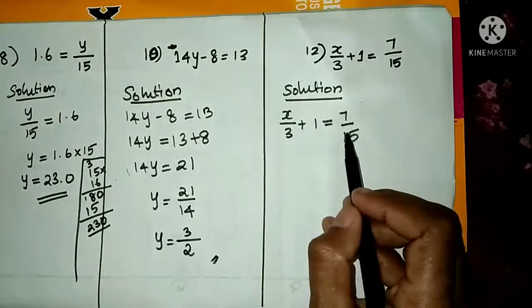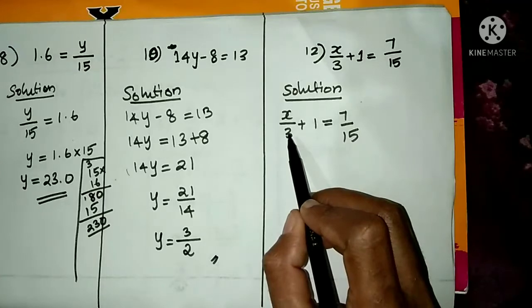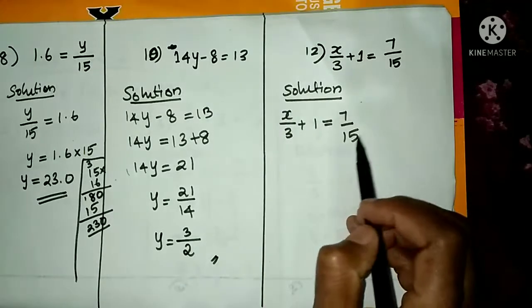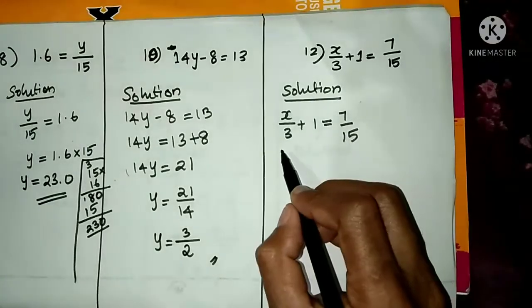We don't want the denominator. Since 15 is a multiple of 3, when we multiply the entire equation by 15, we can eliminate the denominator.